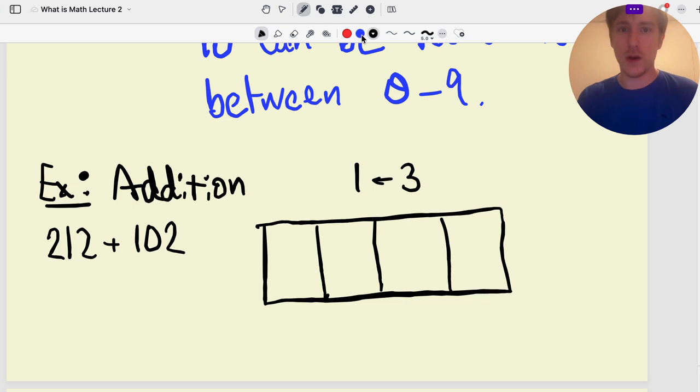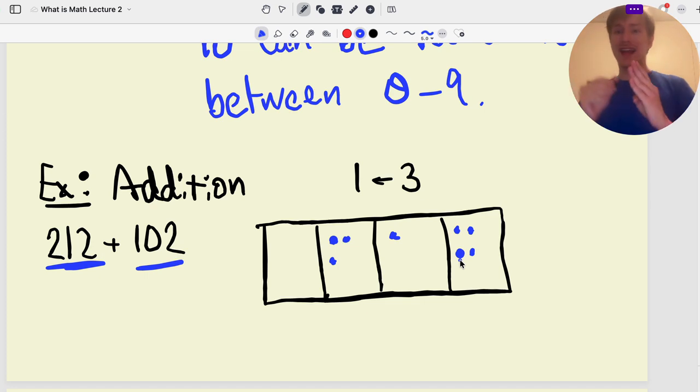And let's first represent 212 as, well, it's going to be 2 dots here, 1 dot here, and 2 dots here. Now 102, as I add that, well, what's going to happen? Well, I'm going to add 1 dot over here, and you might think there are some explosions that will happen. We'll get to that in just a second. I'll have no dots there, and I'll have 2 dots over here.